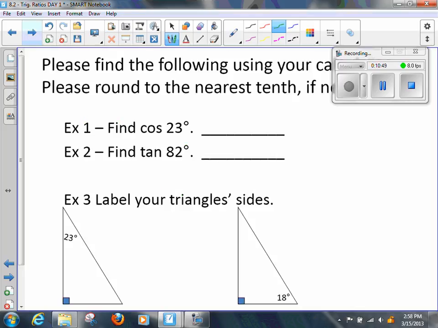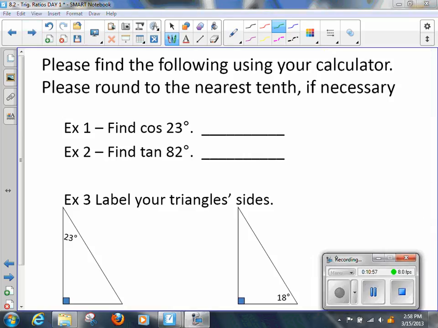It's really not. All right, now, just before we start doing any of that, I want you to take your calculator, because you got to figure out how to use your calculator, and I want you to find cosine of 23 degrees.